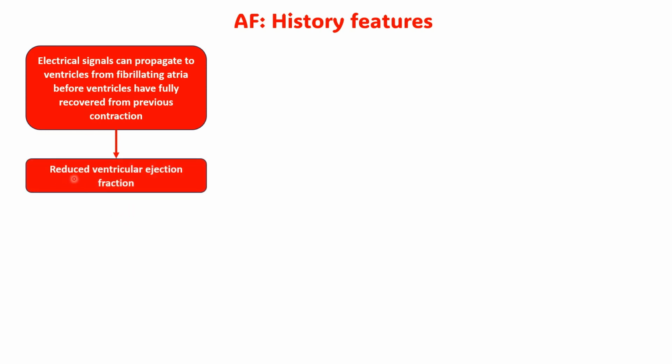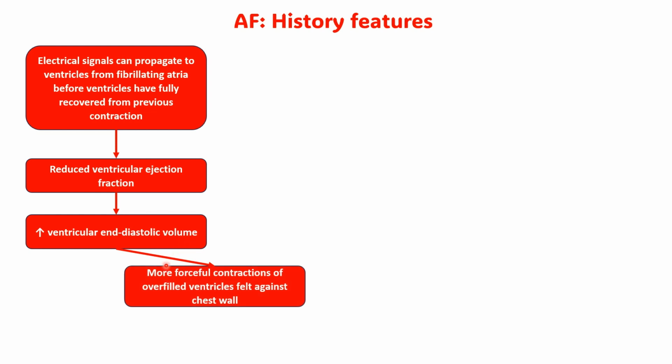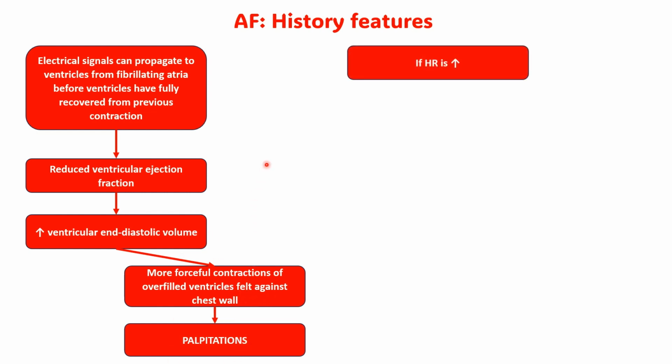That means there's going to be a reduced ventricular ejection fraction, an increased ventricular end diastolic volume. The contractions are going to be more forceful, and the patients can typically report feeling these contractions against the chest wall, and this is known as palpitations.